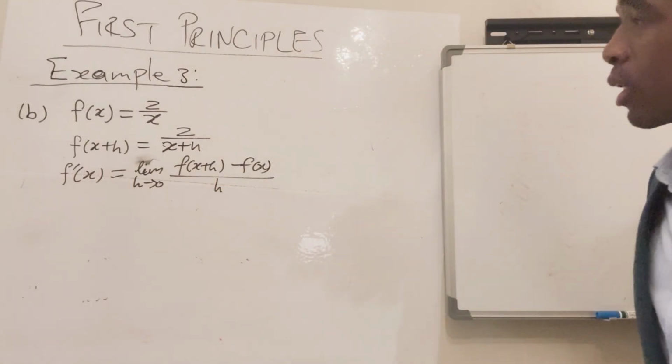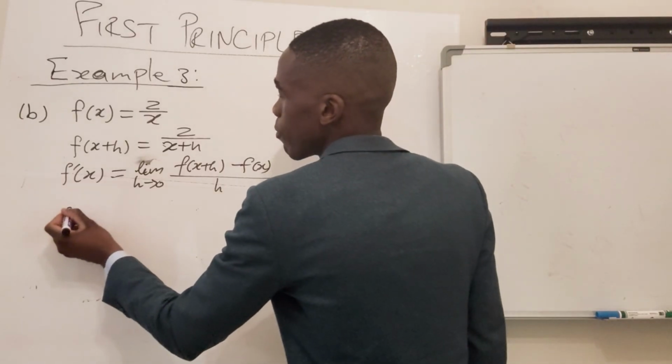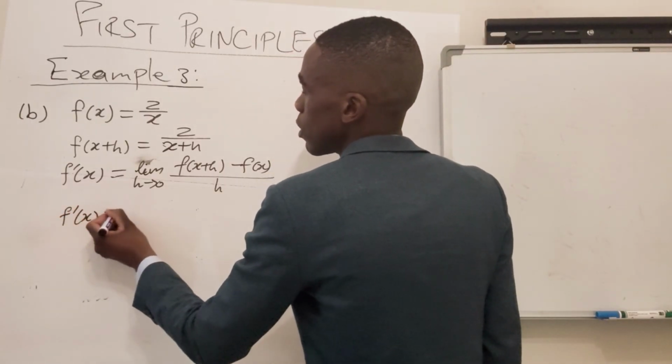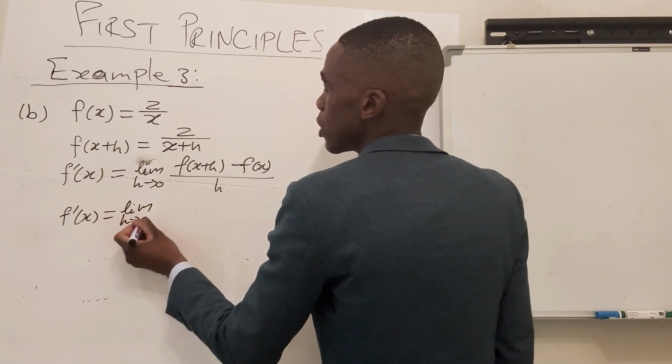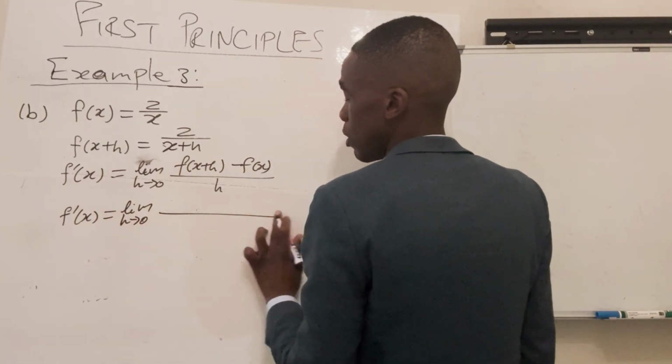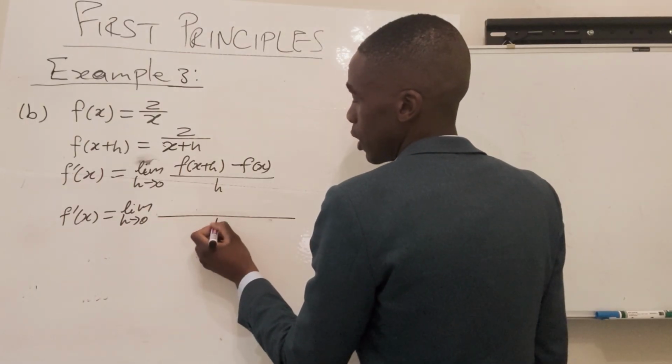Are we together? Which would then be f prime of x is equal to the limit as h approaches 0. Now I want us to look into what happens here in the numerator.